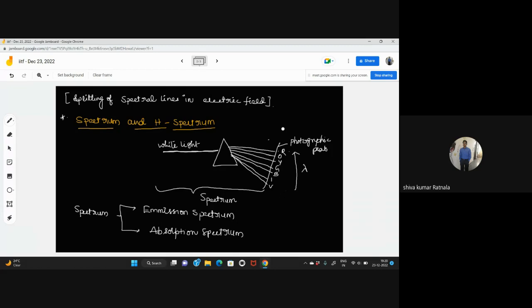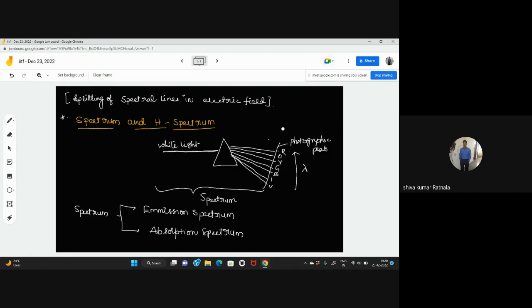In absorption spectrum, we use an instrument known as a spectrophotometer or spectrophotograph. For example, like an ECG, where we get some lines on paper. That machine is called a spectrophotograph or spectrophotometer.